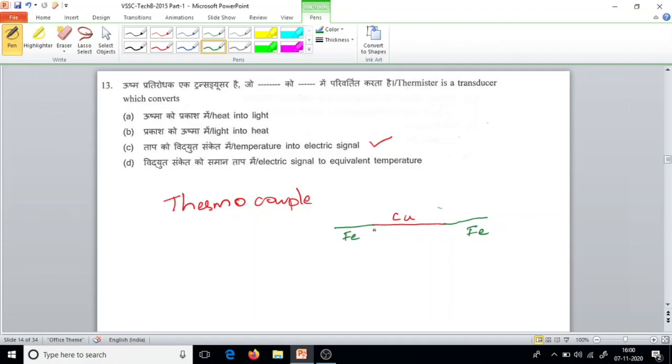Now, if we apply heat here, and cold here, electricity is produced. This produces electricity.